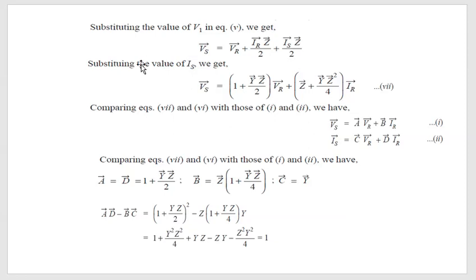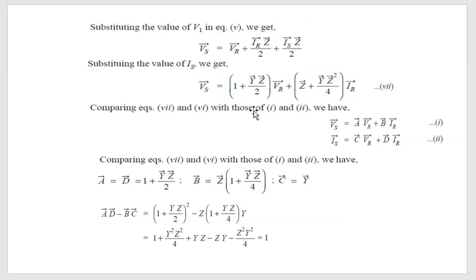And next we will substitute the value of IS, and now we get Vs is equal to 1 plus YZ divided by 2 into VR plus Z plus Y into Z square divided by 4 into IR, and we name it equation number 7.